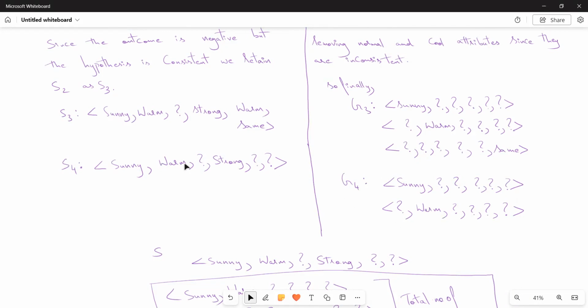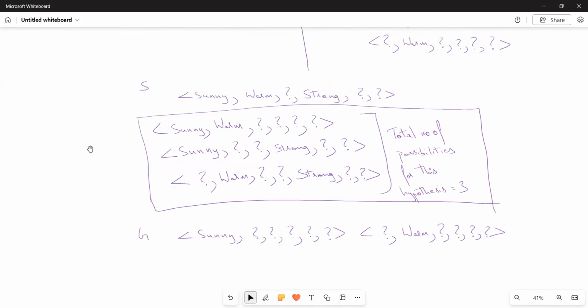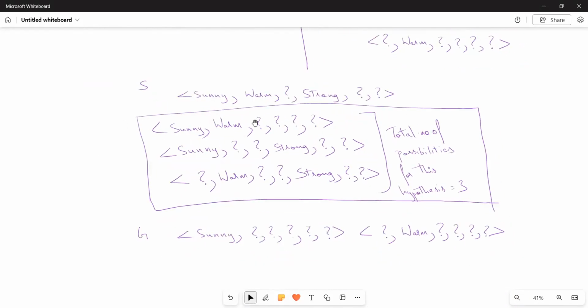We worked on G4 and S4, and it was fine, but we still have three hypotheses. Now we find the number of possibilities that occur with these hypotheses. This is where you have to remember what you learned in the algorithm: which specific value has to be replaced with what. We compare specific values with this hypothesis.